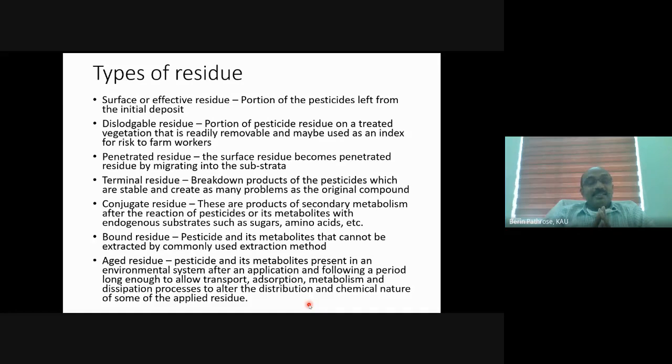Coming to the next term, that is aged residue. I will give you an example. We had certain reports that the last spray of endosulfan was carried out in Kasargod. If I remember correctly, it was in 97 or 98. And in 2003 or 04, certain groups reported that endosulfan residues were still remaining in water, soil, and even in the blood of persons residing in the Kasargod area.